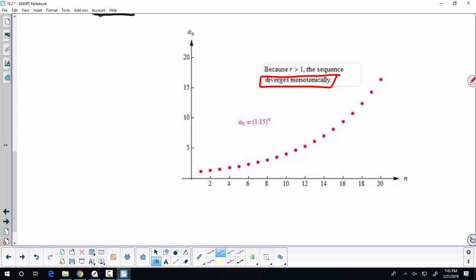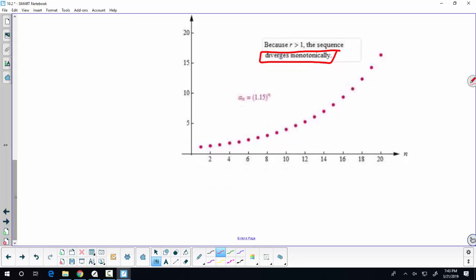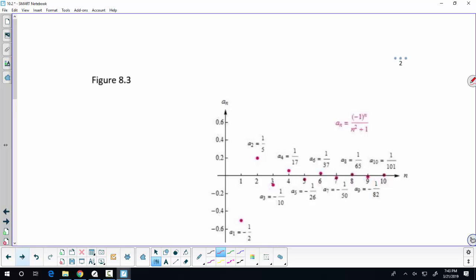So we'll see a lot of this type of stuff moving forward, especially in 10.2 and 10.3, sorry. This used to be chapter 8, so if you hear me say 8, replace it with 10.